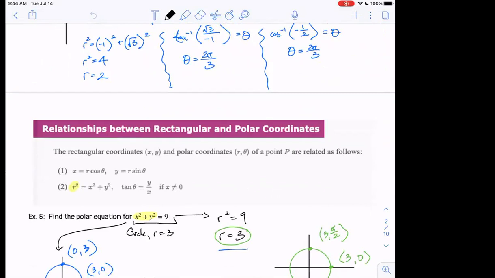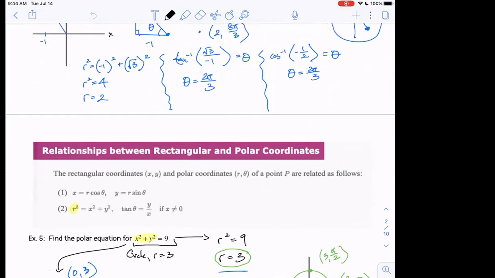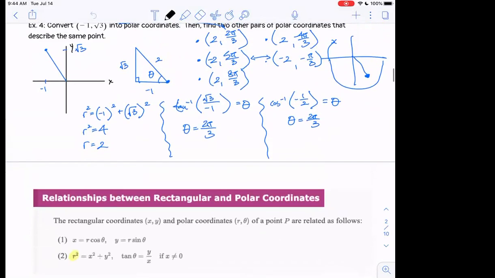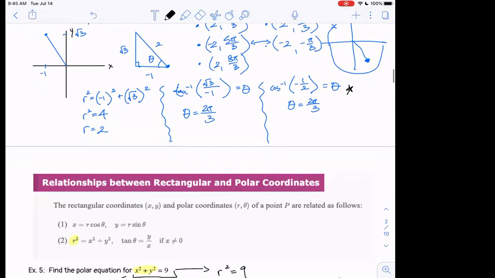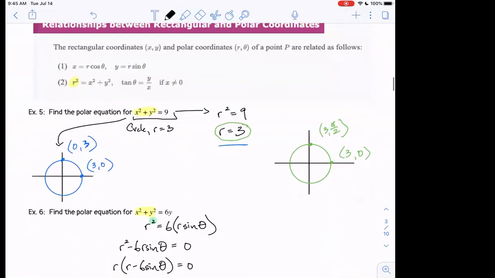We talked about tangent being the typical way it's presented in a textbook or a video, but once you find the hypotenuse, you could use arc cosine or arc sine if that happens to be easier to think about in terms of finding angles on your unit circle. I think that part was pretty straightforward.